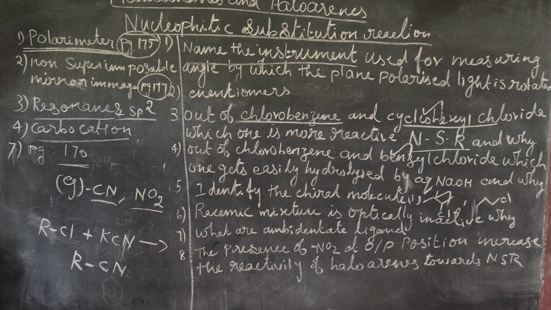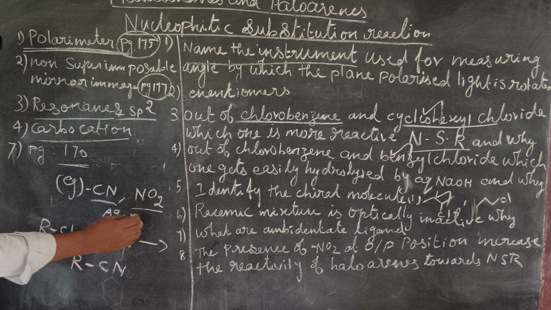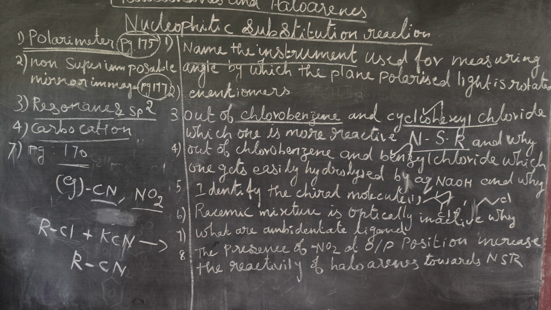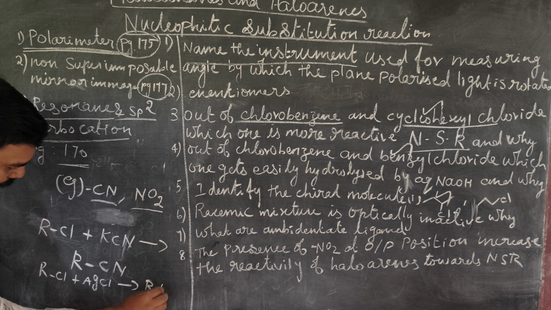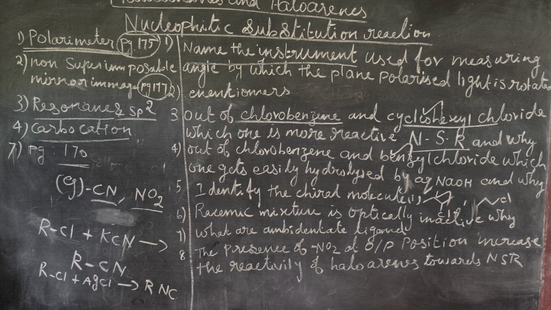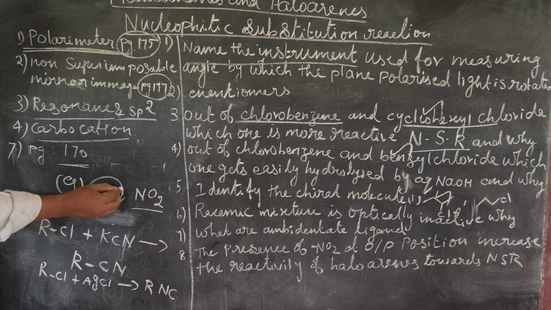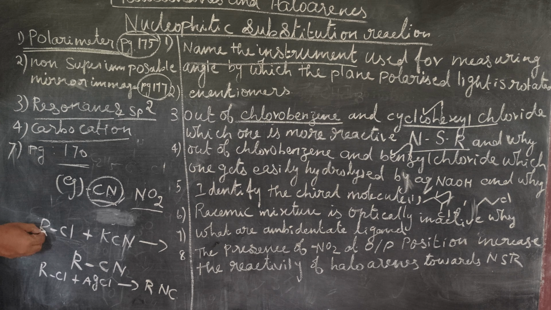At the same time, instead of KCN, you add AgCN: RCl plus AgCN gives RNC. I hope you can understand. The reagent has the ability to bond through both atoms.